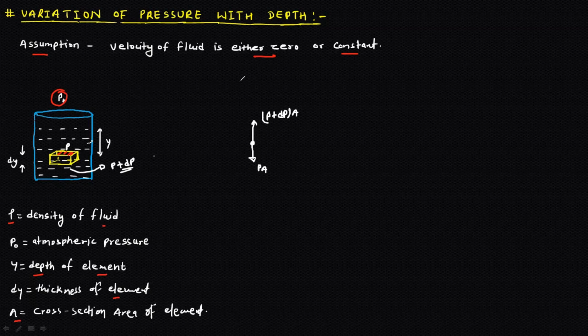Before that, we can calculate dm, the mass of the fluid element. That would be density multiplied by volume dV.